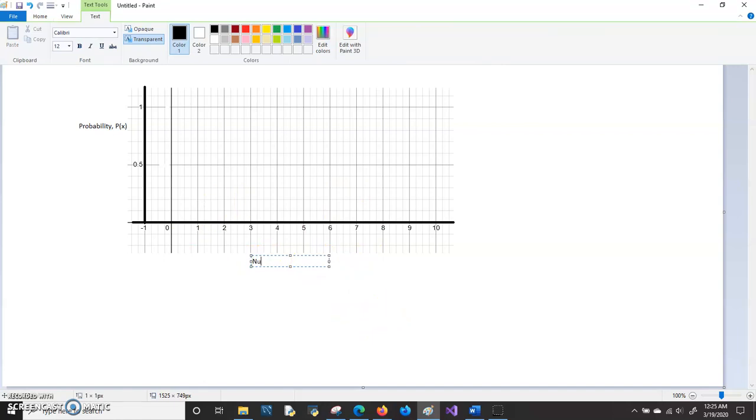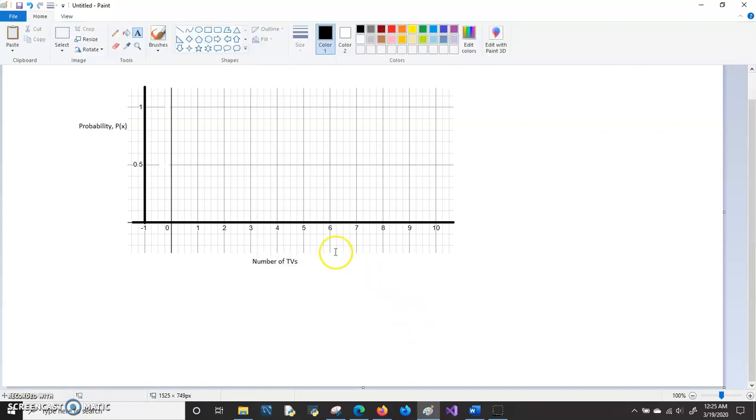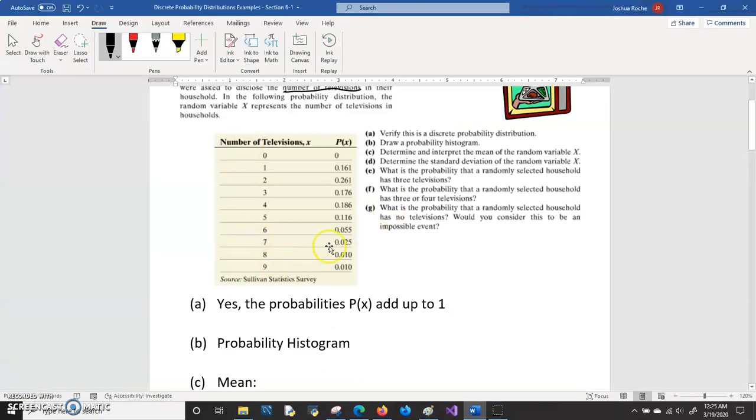In this case, number of TVs in a household. And for the histogram, we'll make the bars according to this distribution. So 0 TVs had a probability of 0, so there's no bar there. 1 TV had a probability of 0.161. We'll make a bar.